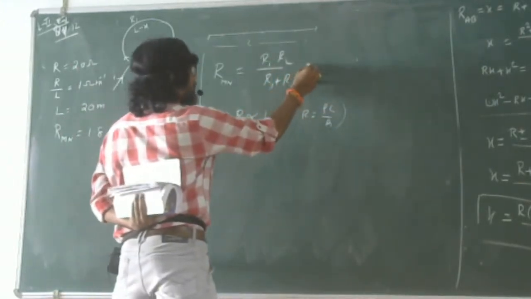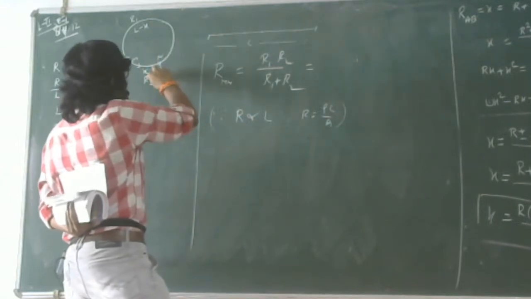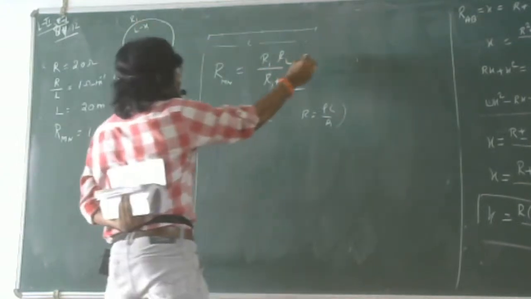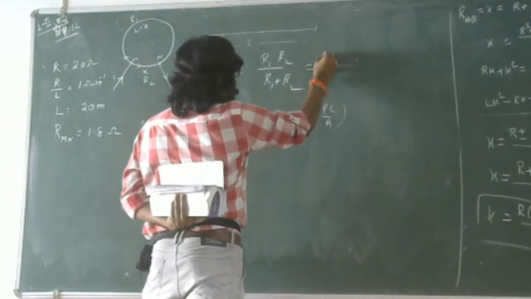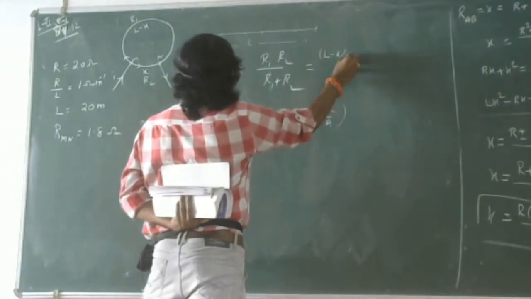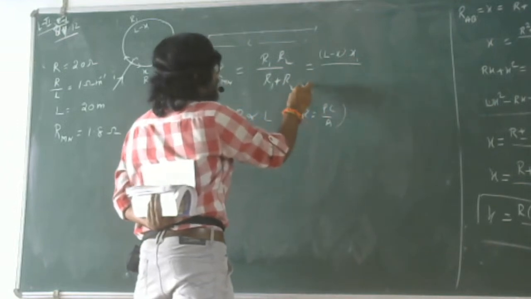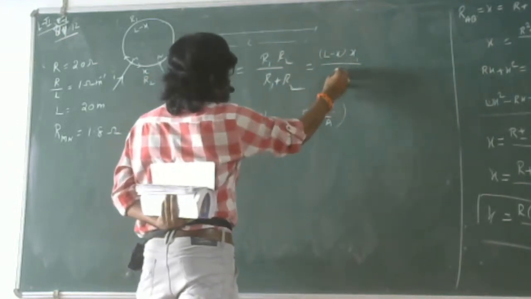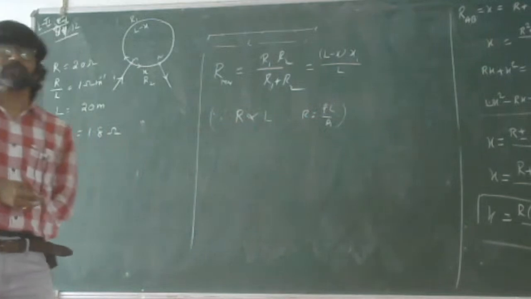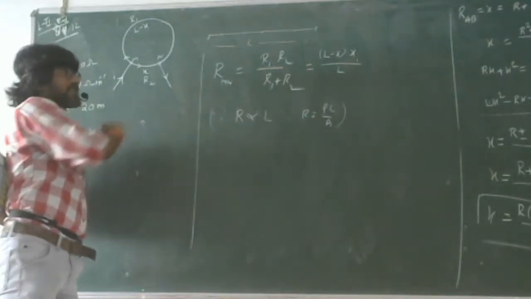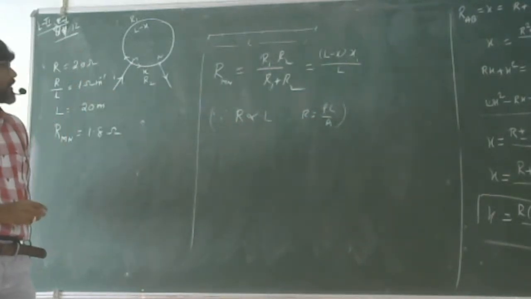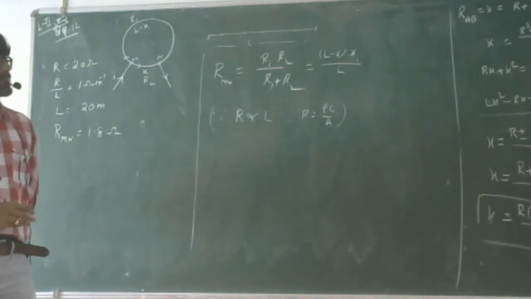In terms of x, you can take R1 is nothing but L minus x, and R2 is nothing but x, in terms of length. Then R1 plus R2 means L minus x plus x. This gives you the total length, which is the equivalent resistance.